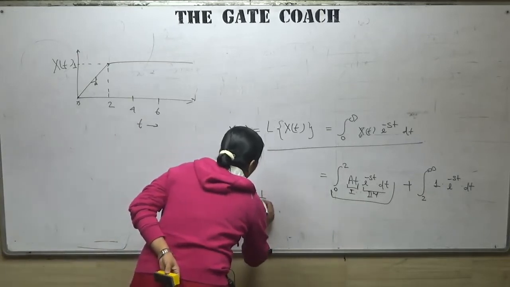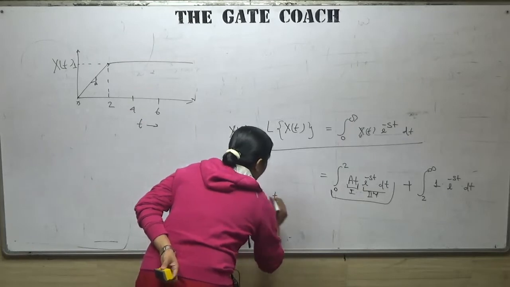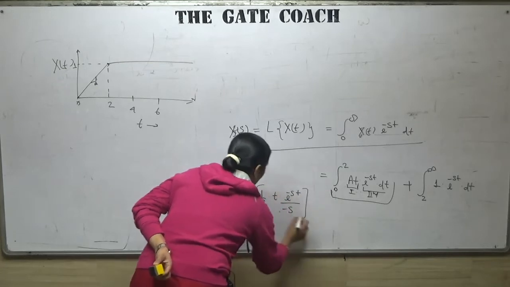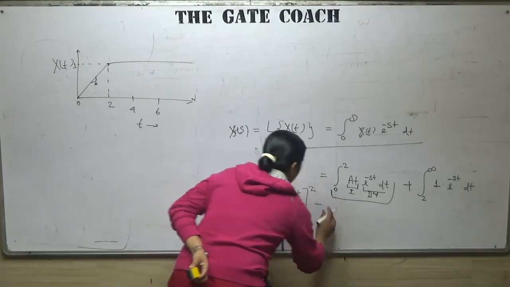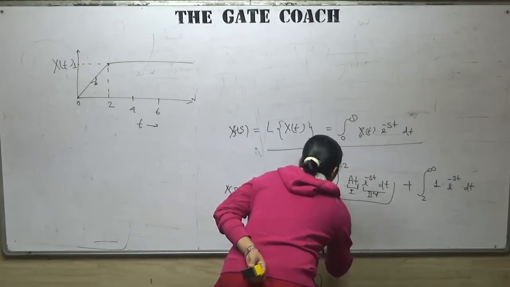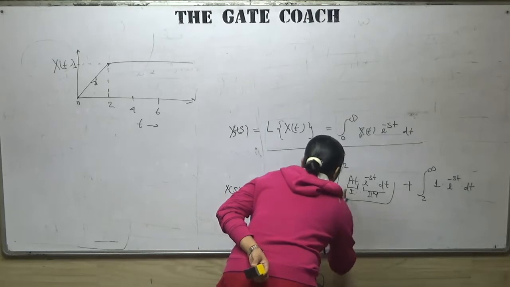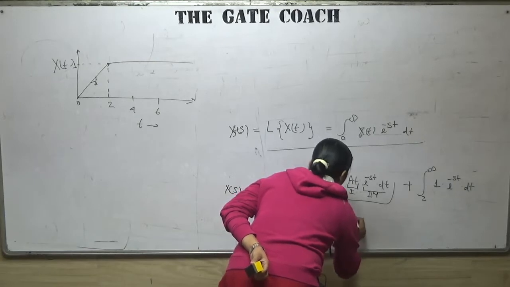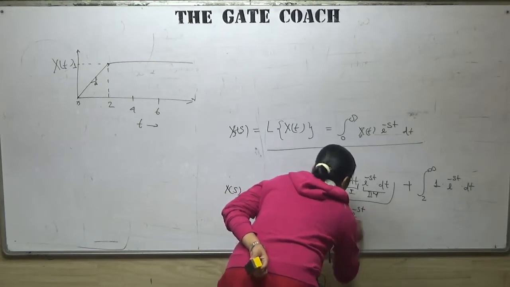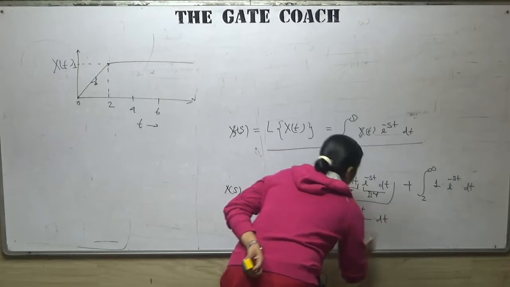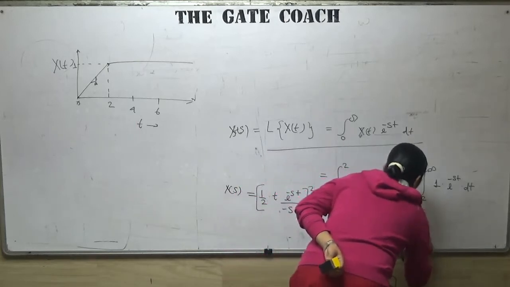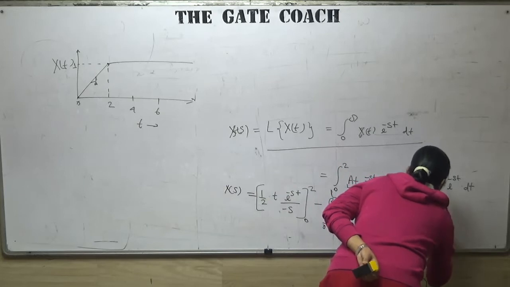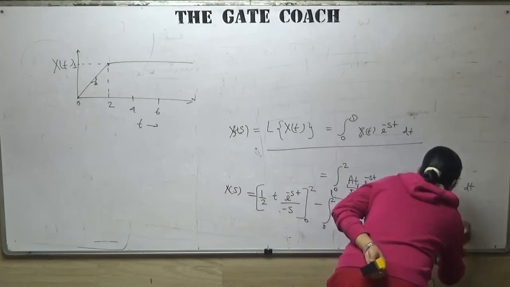So here we write it as 1 by 2 into, first remains as it is, t into e to the power minus st upon minus s, from 0 to 2, minus integration from 0 to 2 of the differentiation of the first term, 1 by 2 into 1, into the integral of the second term, e to the power minus st upon minus s, into dt, plus from 2 to infinity, directly integrate e to the power minus st upon minus s.